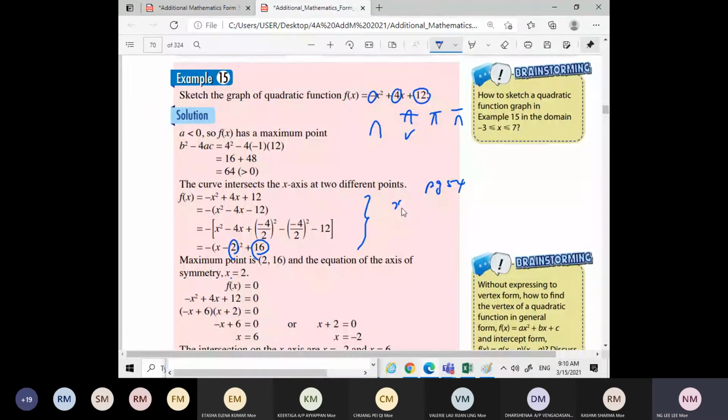So we come back there. The x coordinate is negative b over 2a. So negative b is 4, a is negative 1. So the answer is negative, make it become positive, answer is 2. So substitute to get the y coordinate.